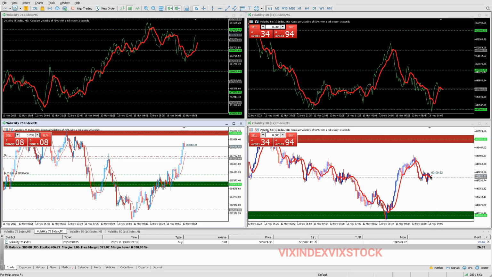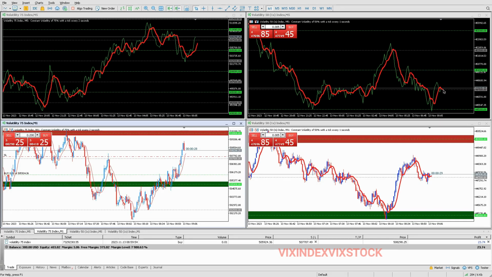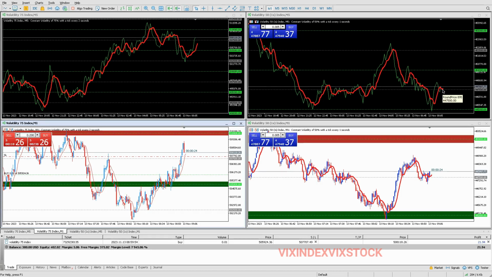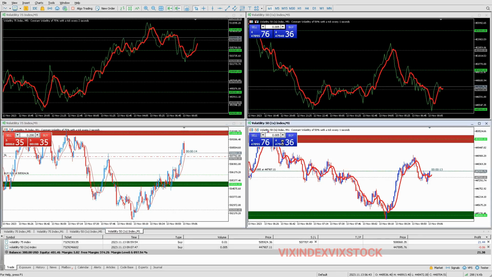Again, here I'm interested in seeing what VIX 50 is going to do. Is it going to stay above this moving average 5? Because we're at this level here, and push up. Again, interested in taking that trade, so let me take the trade again, and let's see if VIX 50 will cooperate with us.